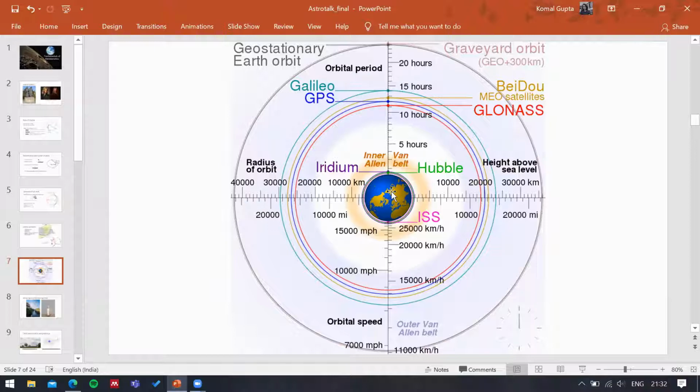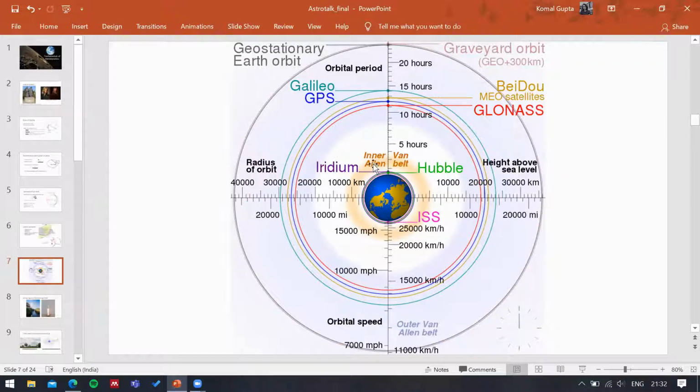This orbit is also used by the ISS and Hubble. There is also a particular class of orbit that is perpendicular to this plane that we're looking at. Those are called polar orbits, and they have their own purpose. But let's just focus on this region for a moment.